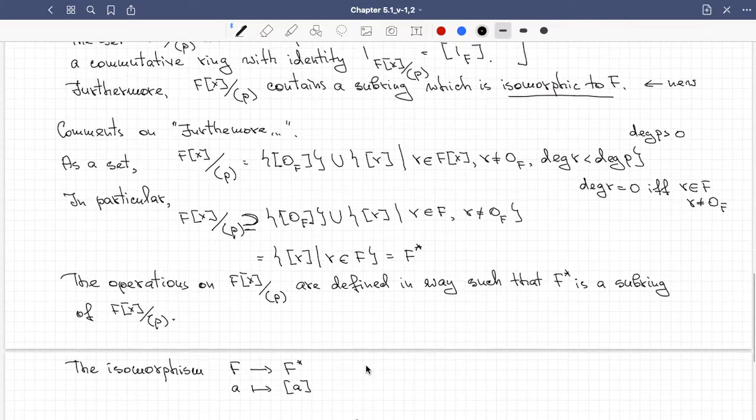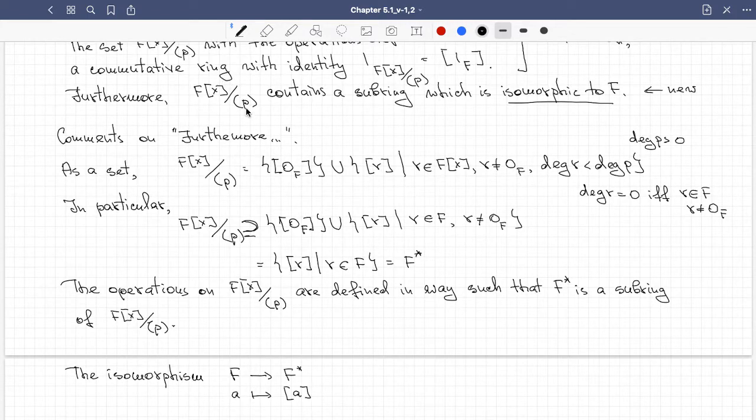So indeed, if this is 0, this is just f of x as it was, and it indeed contains a subring isomorphic to f. All elements of f, all constants, 0 included, form this subring. It is f itself, isomorphic to itself.